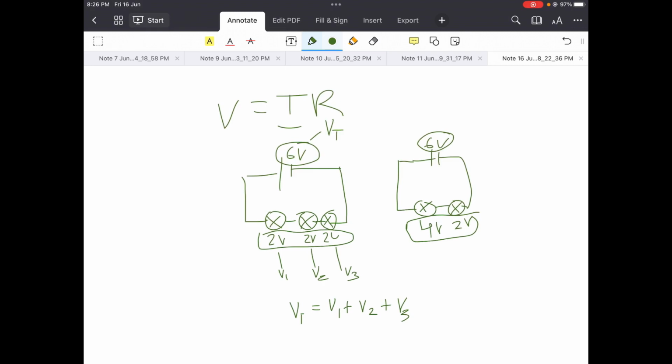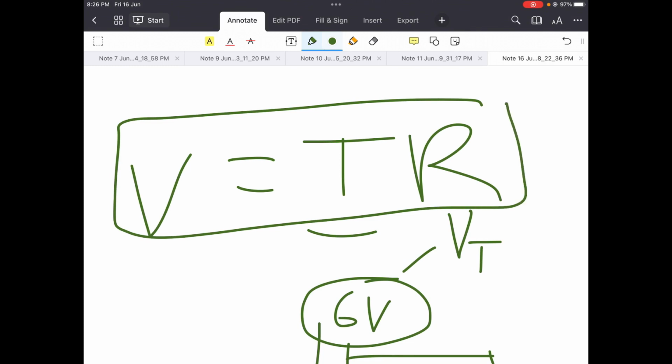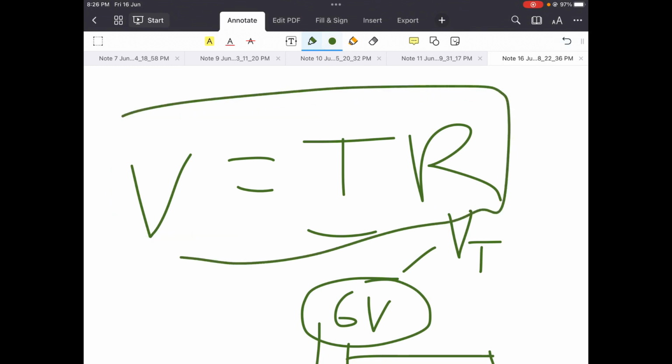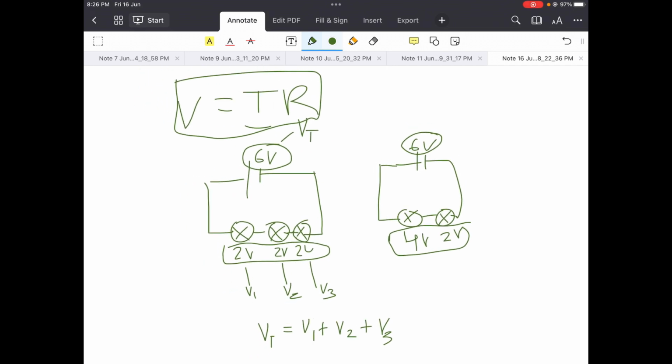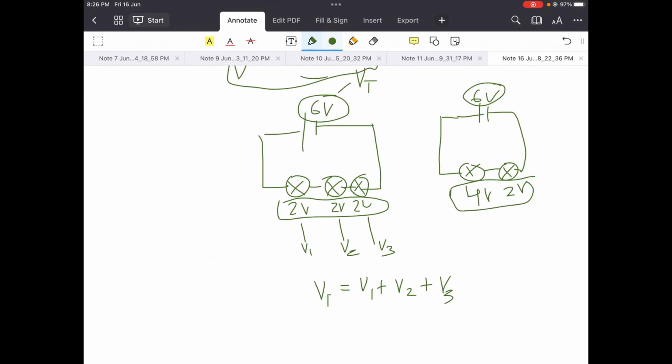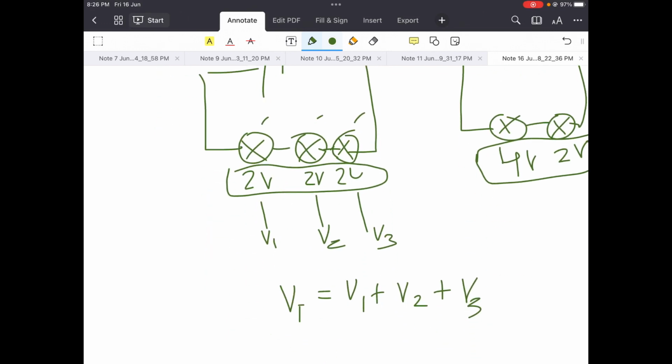And like it was shown at the start of the video, V is equal to IR. And we know that current in a series circuit is always the same, so we don't need to put IT, I1, I2, I3. You can just use the same I for all of this. But the resistance may be different. In this scenario, yes, the resistance is the same, but in a lot of scenarios, resistances of the filament lamps are not the same, and so we're just assuming a general scenario, okay?